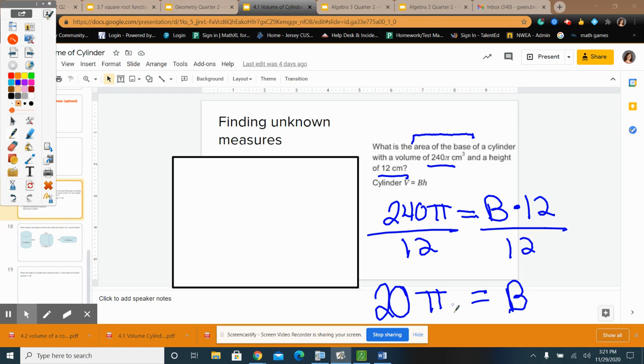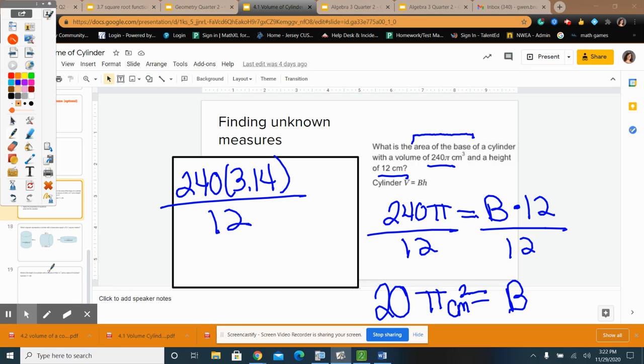Because you can have a pi in the area of the base, and we're going to call it centimeters squared instead of centimeters cubed, because area is counting the squares inside of an object, and volume is counting how many cubes are in there. So if you don't like that 20 pi, could you have done something different? Sure. You could have taken 240 times 3.14 in your calculator and then divided it by 12.